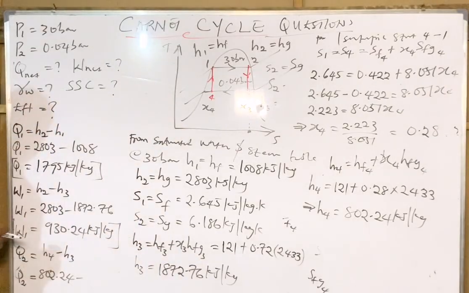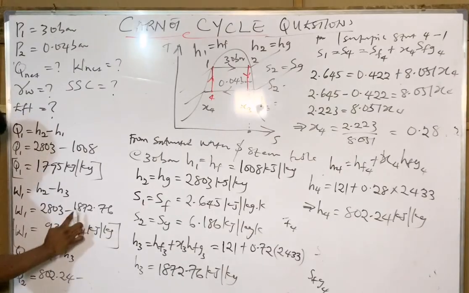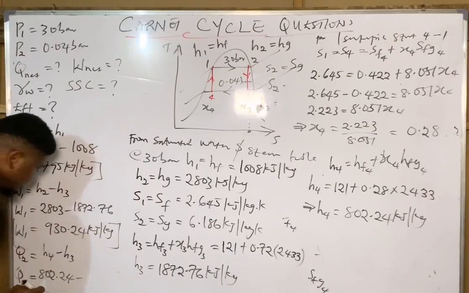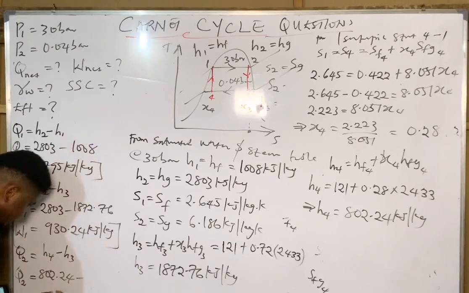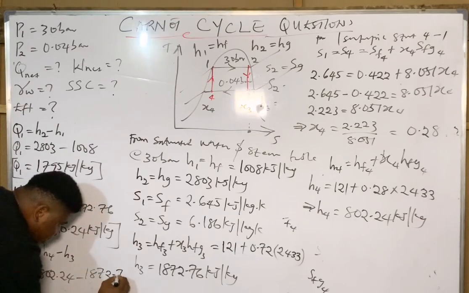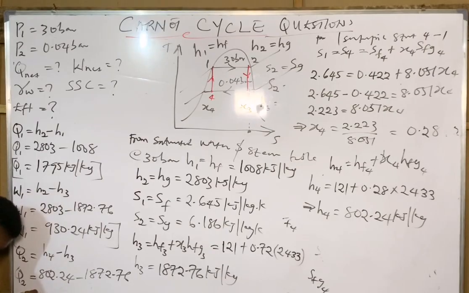Okay, so we can get it here. This is H3. H2 minus H3, so this is H3, 1872.76. So minus 1872.76. This means that the heat removed from the system is going to be equal to 802.24 minus 1872.76.